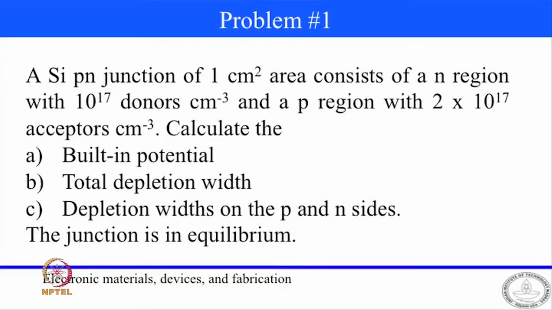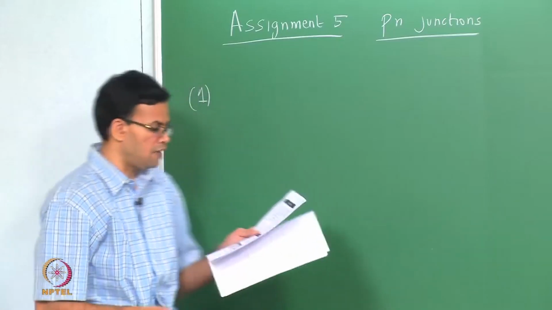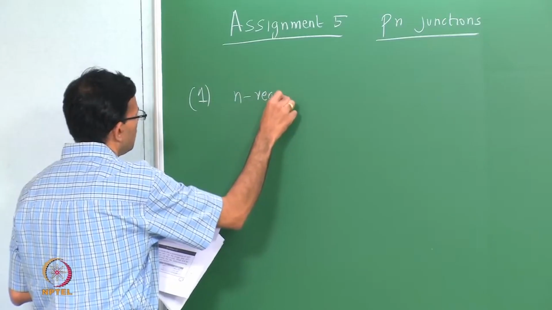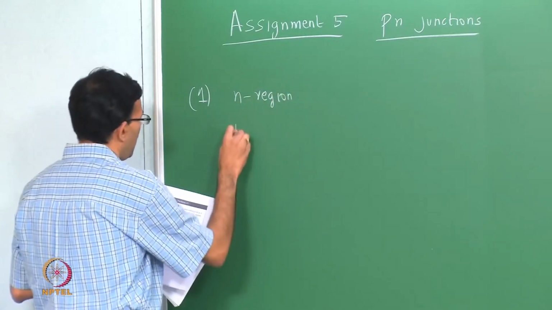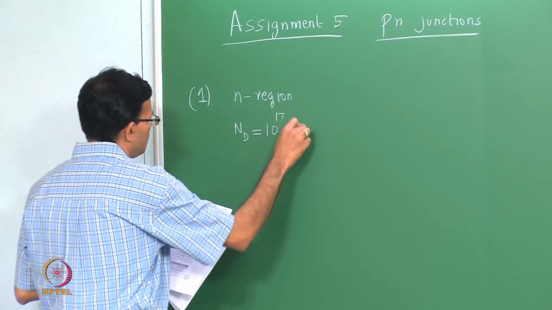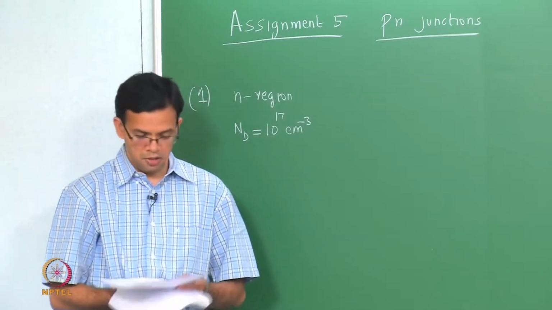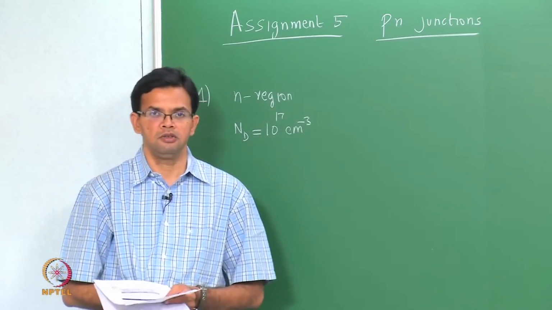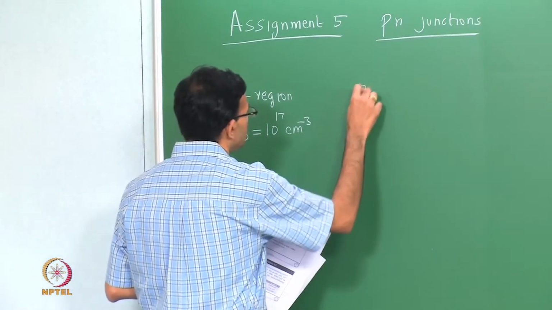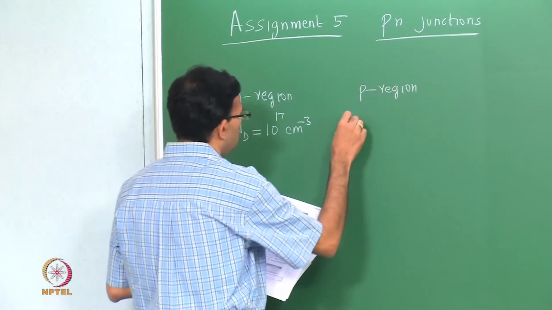We have a silicon p-n junction which has an n region with 10 to the 17 donors per centimeter cube. So, Nd is 10 to the 17 per centimeter cube, and there is a p region with acceptor concentration of 2 times 10 to the 17 per centimeter cube, Na.